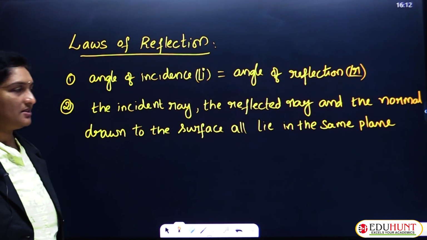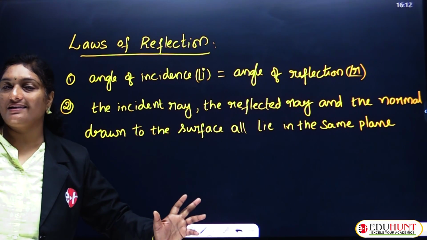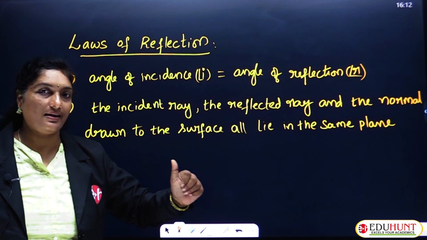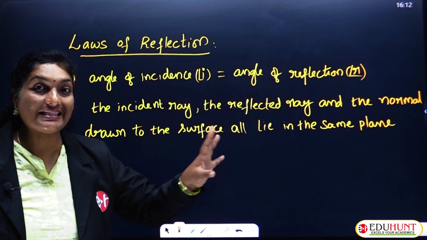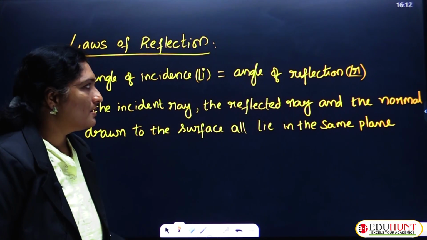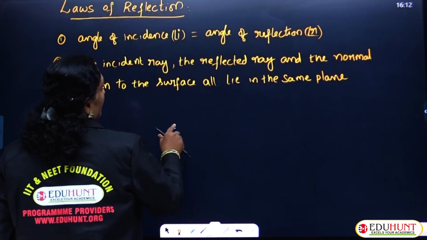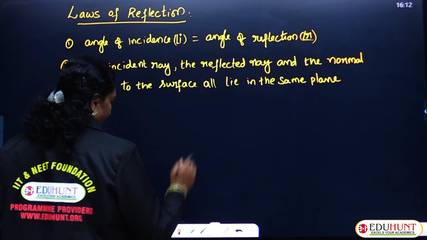Let me discuss it in detail. I have already introduced how an incident ray, the normal and the reflected ray look. These three always lie in the same plane. Let us try to understand the same in a clear way.